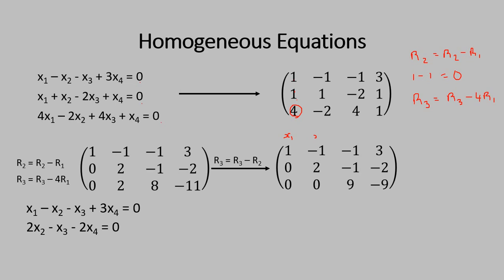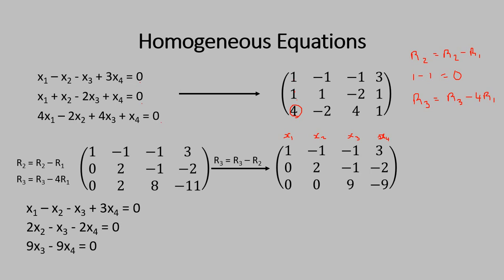So that's x1, that's x2, x3, x4. Right? And similarly, we can get 9x3 minus 9x4 is equal to 0.